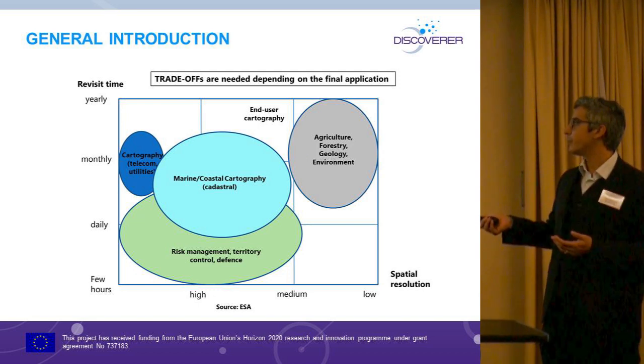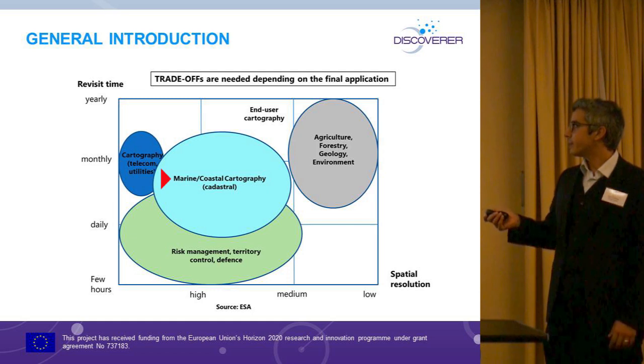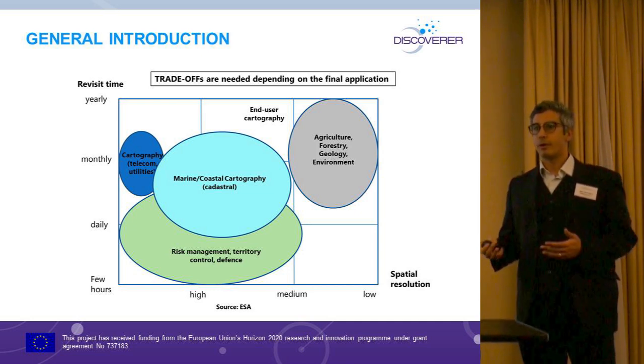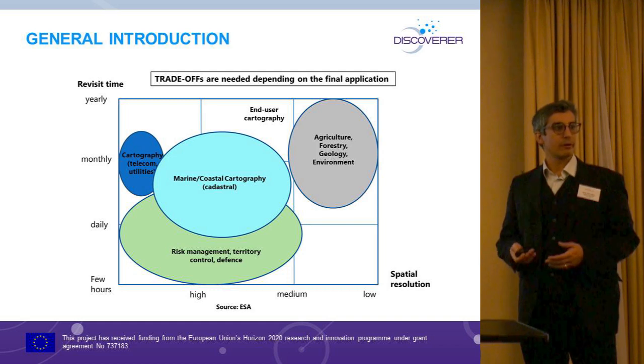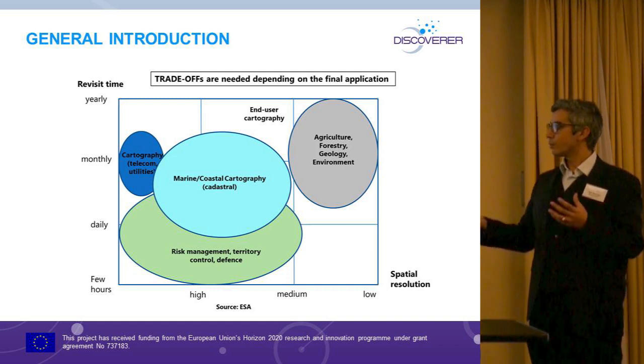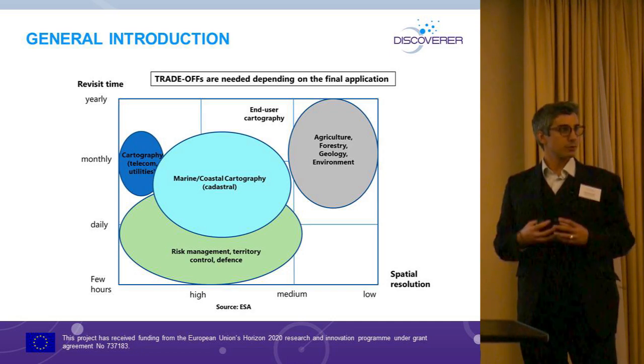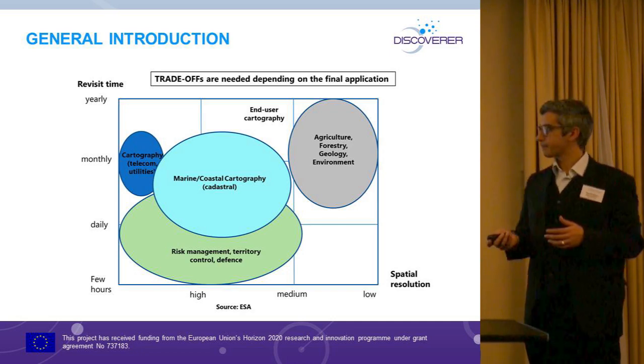This changes if we go into another market. For maritime, this changes. For cadastral, it changes. Risk management or defense, it changes. We usually need more resolution with a lower revisit time. So again, we need to match both market and technical aspects to give the best answer we can.